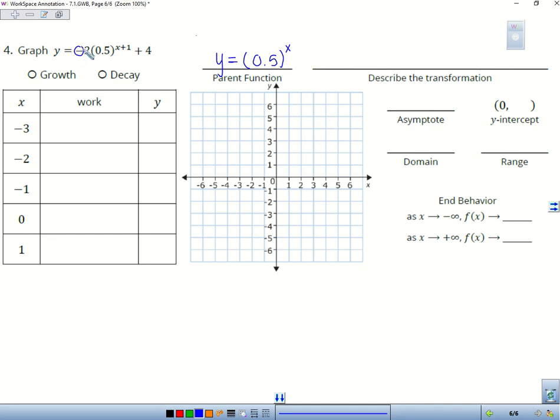So this being negative tells me we have a reflection over the line y equals k, and my k is 4. This number right here tells me we have a vertical stretch.